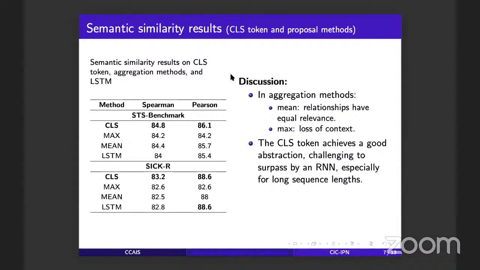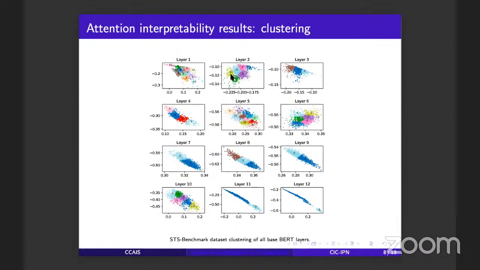And in the case of max pooling, you consider that you only have the most important relation, and you have a loss of context for the information. In the case of the CCAIS token, it achieves a good abstraction that is difficult to overcome by the recurrent network, especially for long sequence lengths.